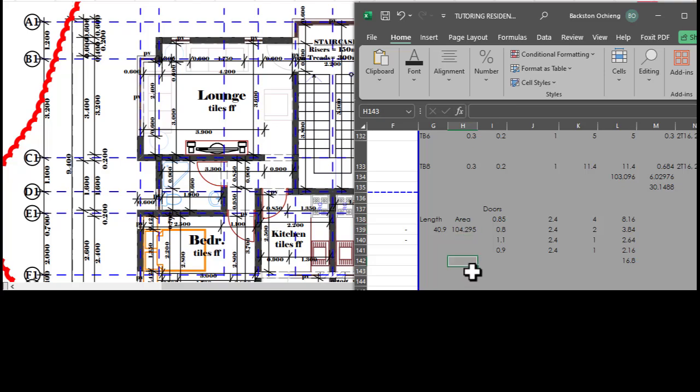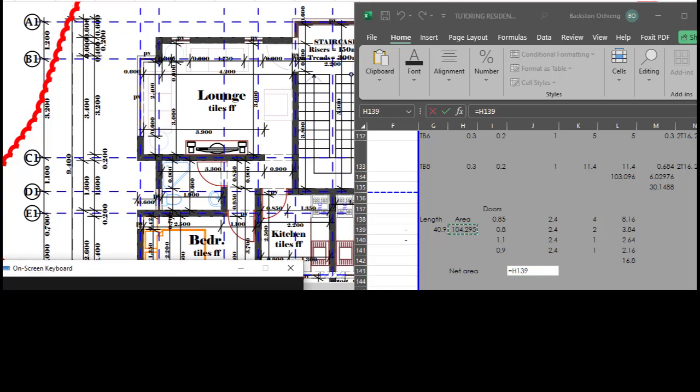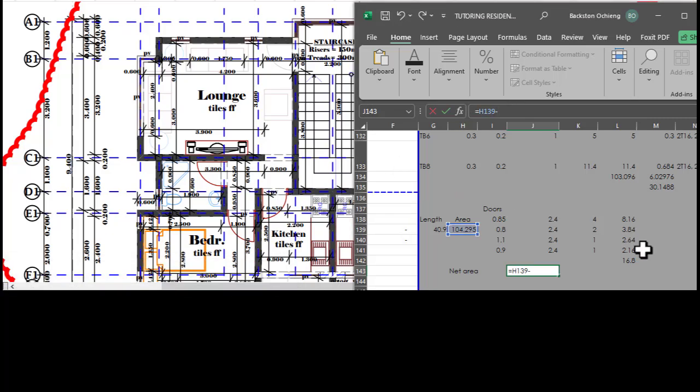Okay, so the net area, therefore, net area here is equal to the total gross area that we've calculated, and then we subtract from it what we've got as the area for the doors. Okay, there is a small problem there I need to correct.